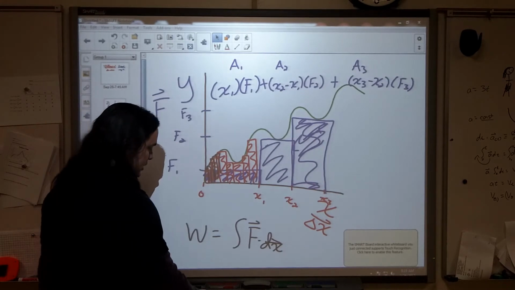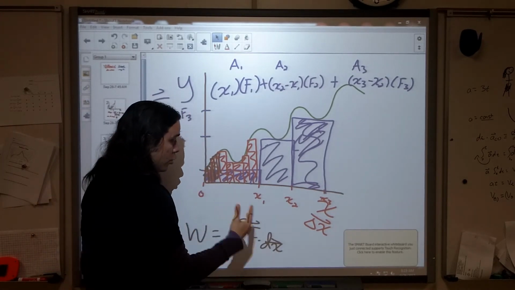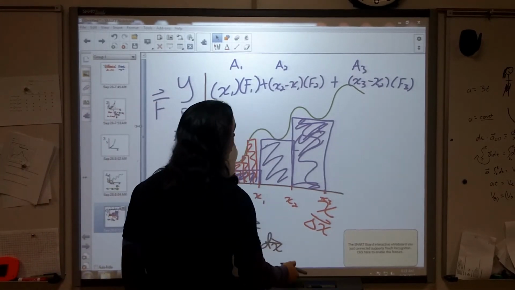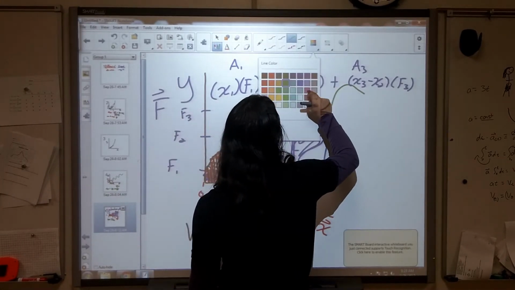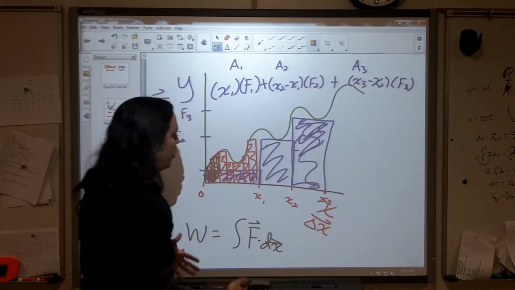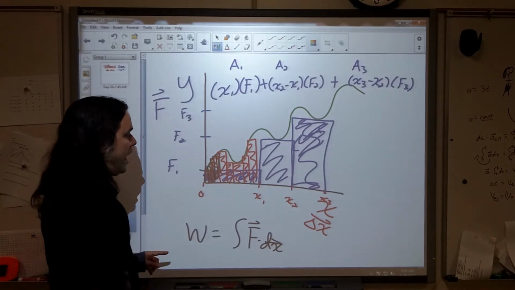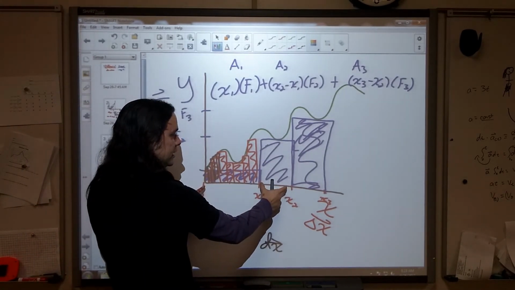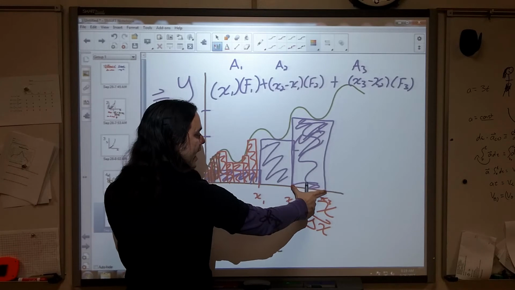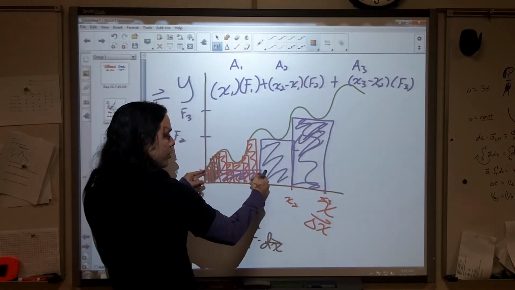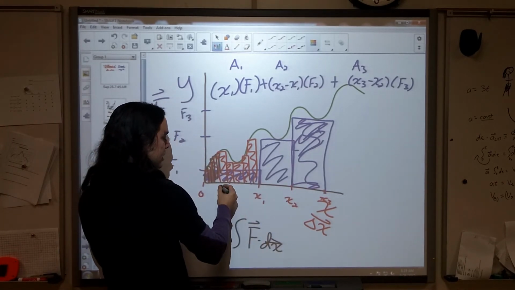How I can get this into an actually correct full area under the curve is the following. And some of you may be thinking about this already. Remember what we did with the derivatives? To make it more accurate, I shrunk things down. I make this more accurate by shrinking down the width of the rectangles that I'm dealing with.